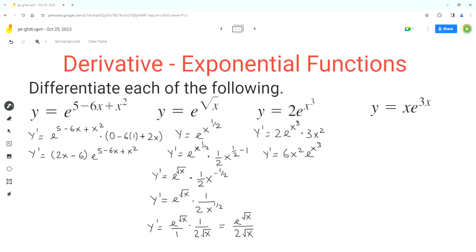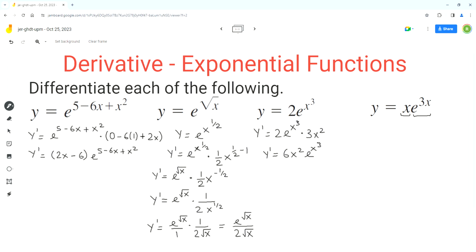Now we can analyze this fourth function. Now this fourth function is made up of two functions. So the first function is this x function, which is a linear function, and then the exponential function with the base e. And these functions are being multiplied. So here we'll have to use the product rule to find the derivative of this function y.